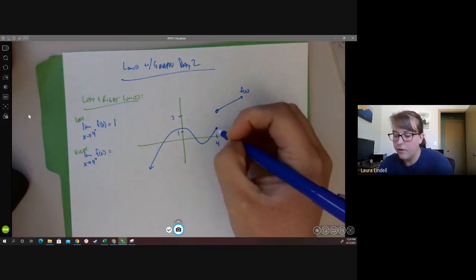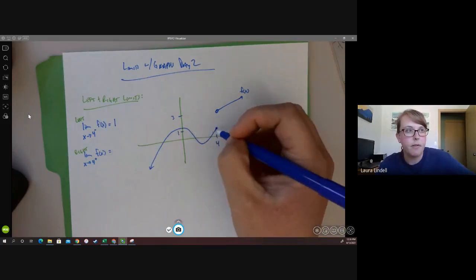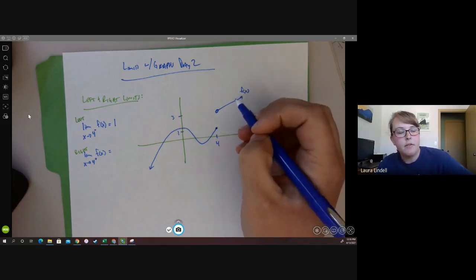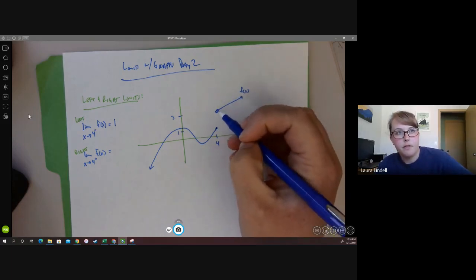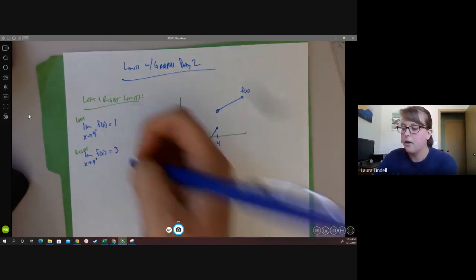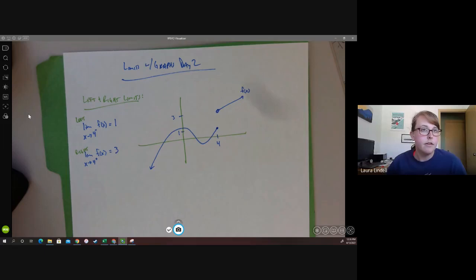Because that's the value that my function is approaching from the left-hand side. And then the right-hand limit, as I travel along from the right, is 3. Because that's the value my function's approaching from the right-hand side.